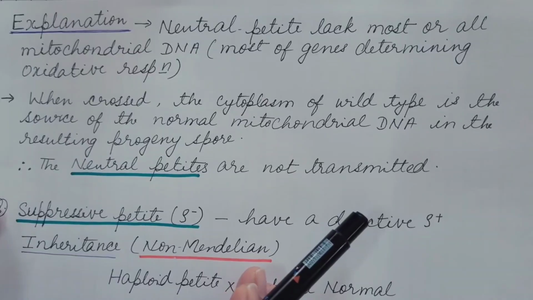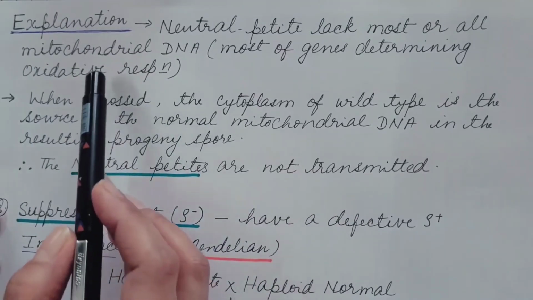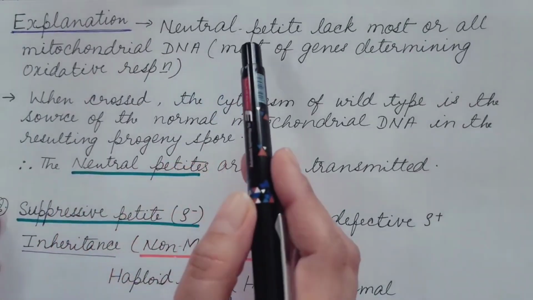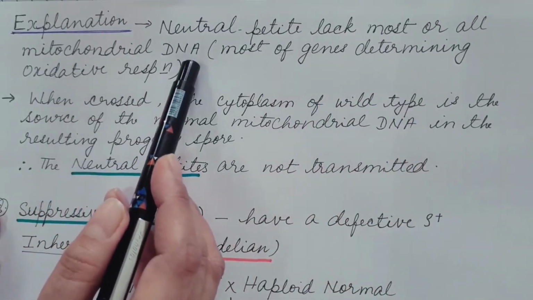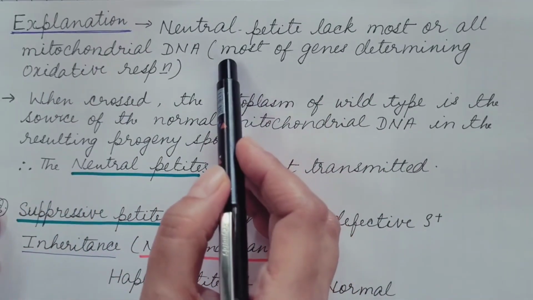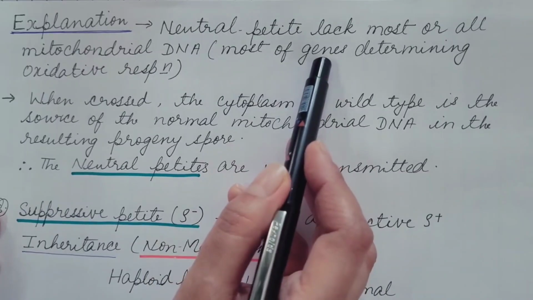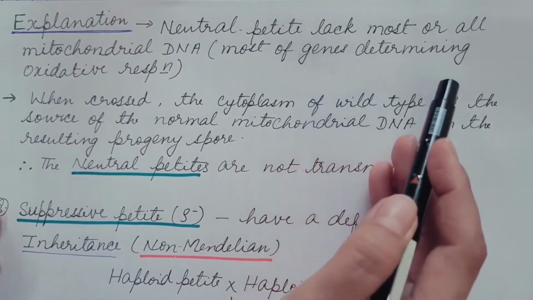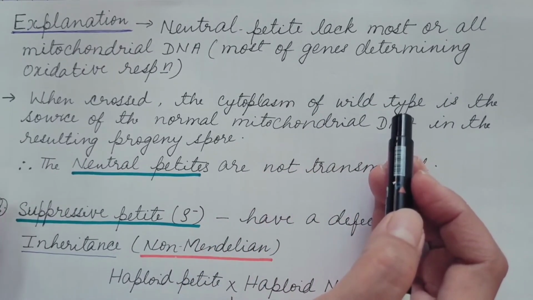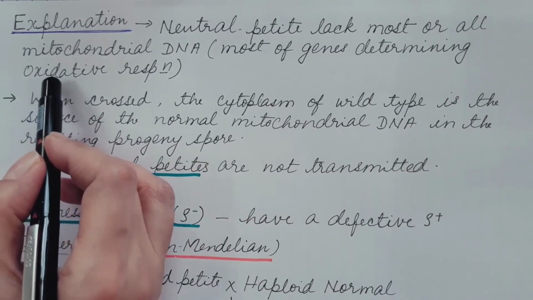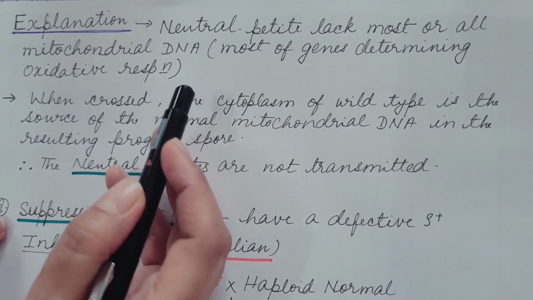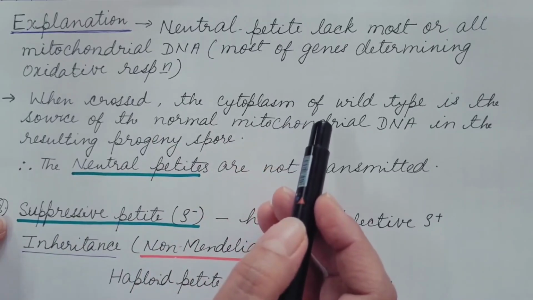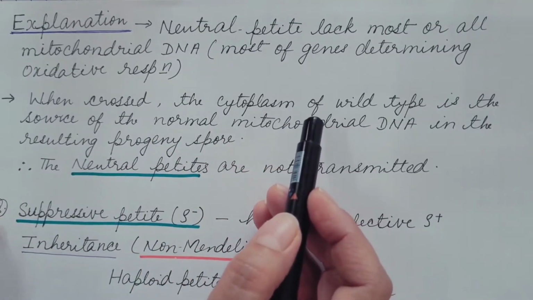So on the basis of this inheritance pattern, it was explained that neutral peptide lacks most or all of the mitochondrial DNA. So most of the genes which encode for the electron transport protein, which is involved in oxidative phosphorylation, are lacking, and hence this is the cause of the defective mitochondria, which results in neutral peptide.